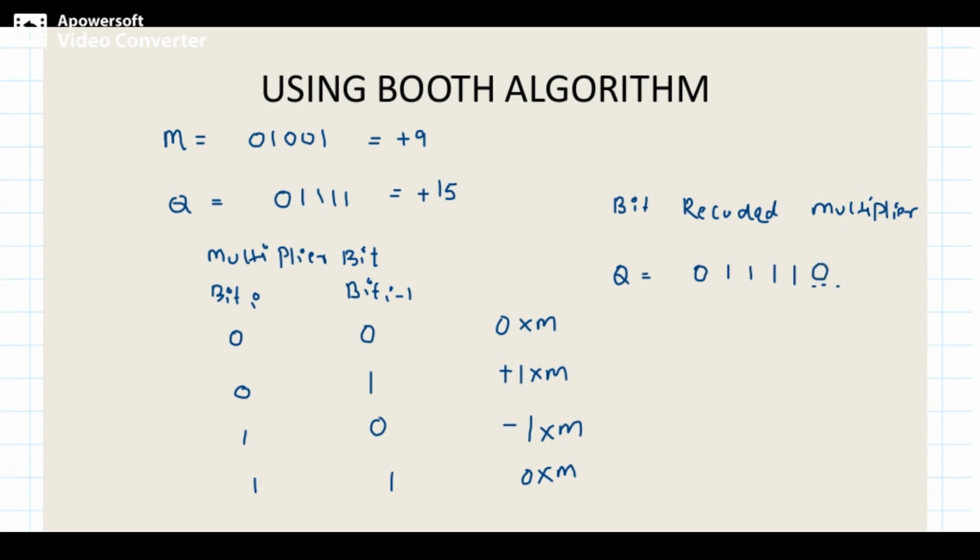So now I'll check the transition from 0 to 1. The transition from 0 to 1 means plus 1, 1 to 1 as 0, 1 to 1 as 0, 1 to 1 as 0, and 1 to 0 as minus 1. So the bit recoded multiplier is plus 1, 0, 0, 0 and minus 1.